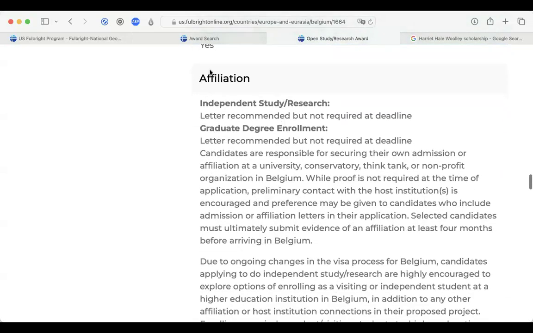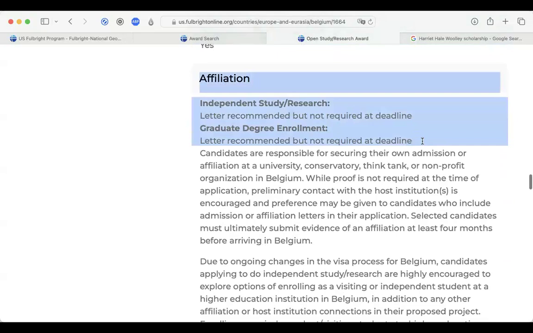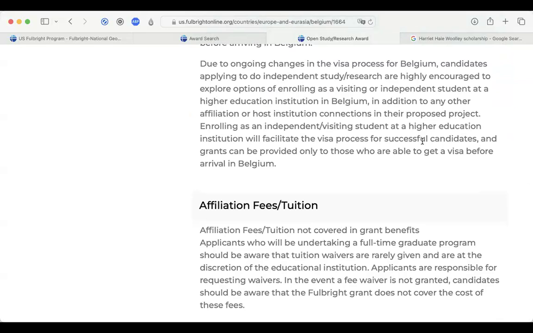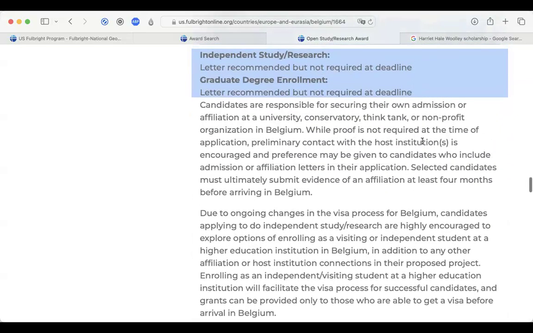Now, it says that they recommend letters, but they're not required at the deadline for the application. So, this is something where I would say take it as a strong suggestion that this will help your application if you have a letter, but it's not 100% required.